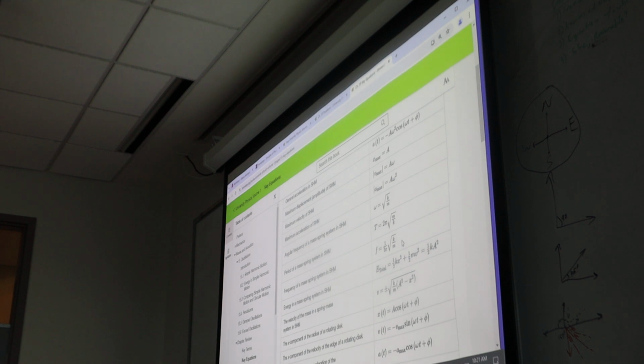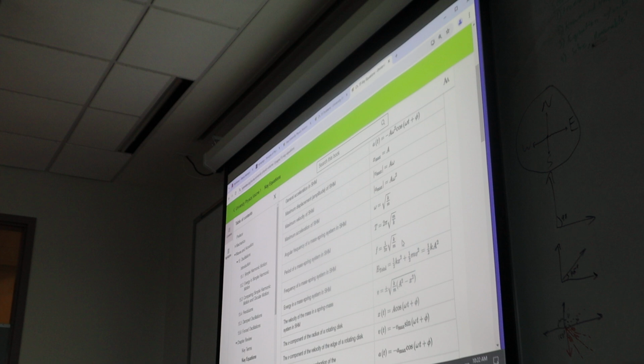Cause it's just the same. It's just the inverse. Because normally f equals 1 over T, and T is 2 pi square root of m over k.